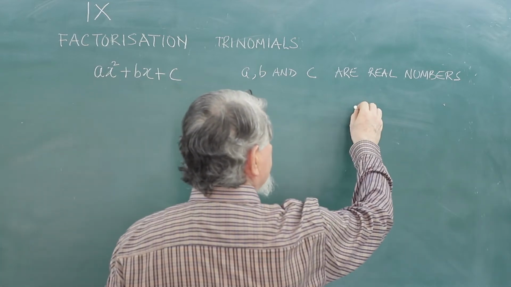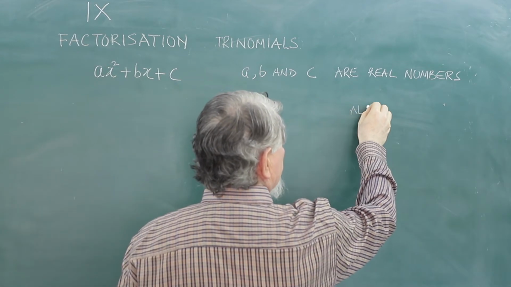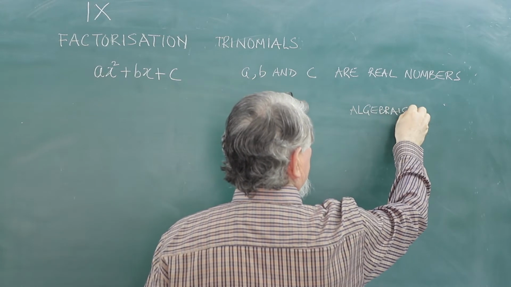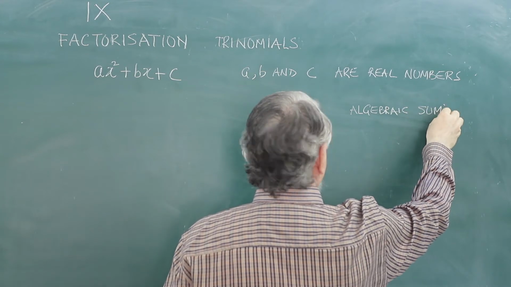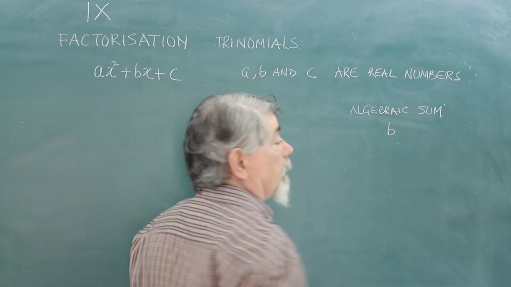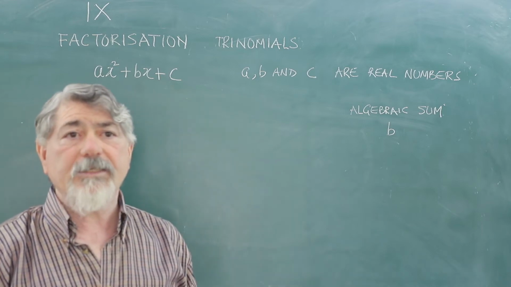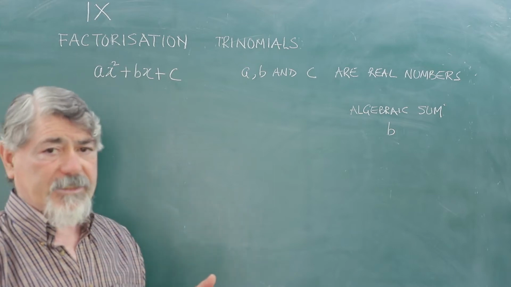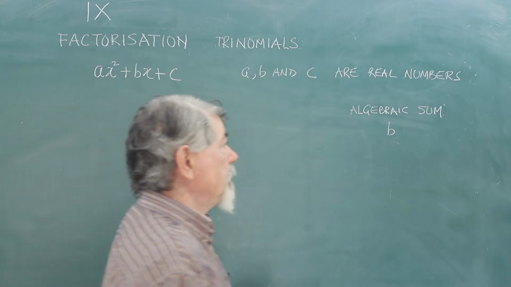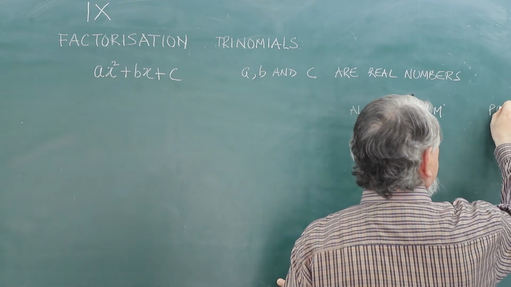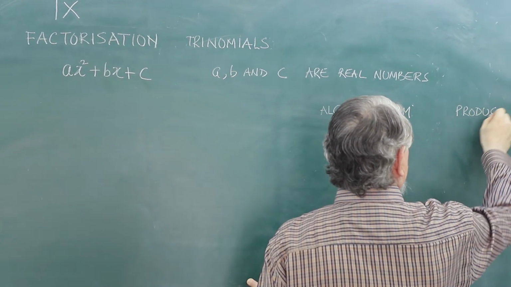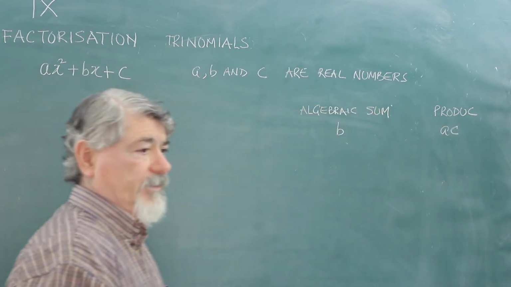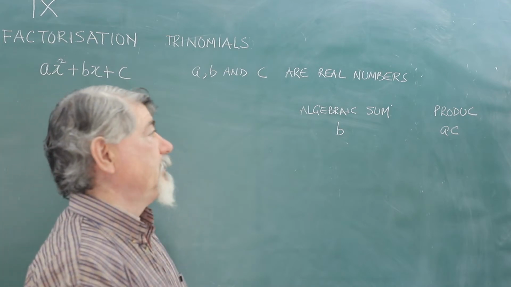So the algebraic sum should be b, and again, algebraic sum means the sum with the signs, and the product has to be AC.